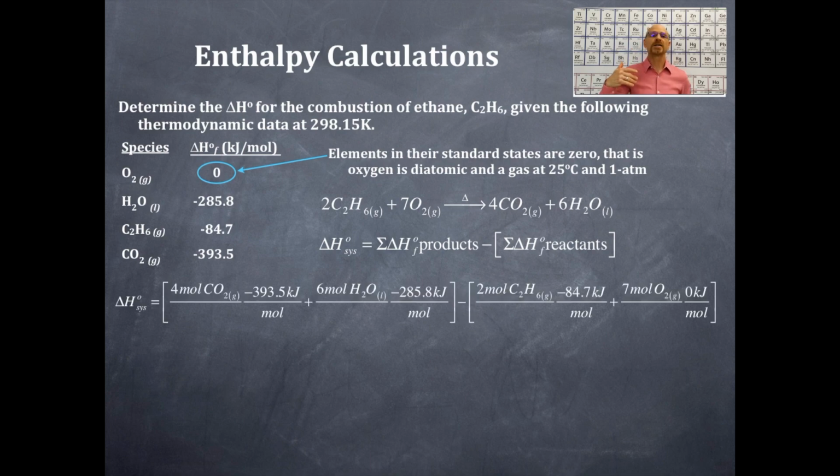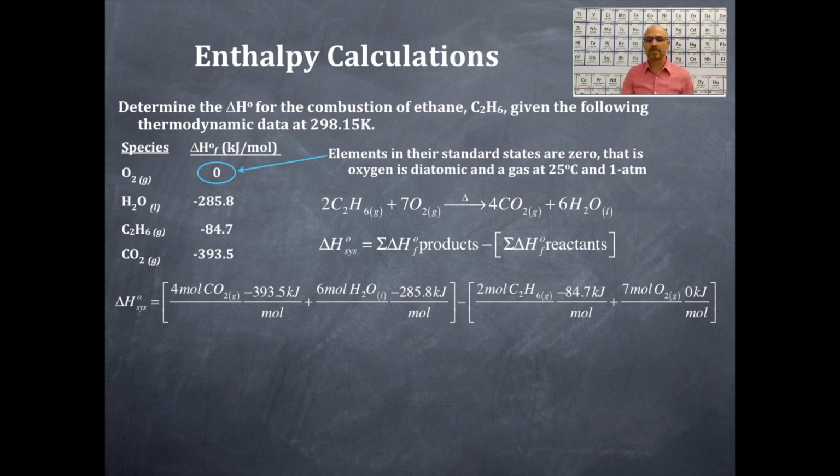Okay, now what I've done is I've plugged in those values from the thermodynamic data from the table, products minus reactants. So delta H naught of the system is equal to 4 moles of carbon dioxide times the value for carbon dioxide, which is negative 393.5 kilojoules per mole, plus 6 moles of water times negative 285.8 kilojoules per mole.